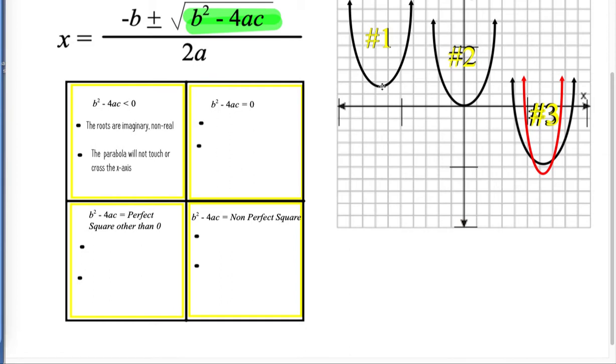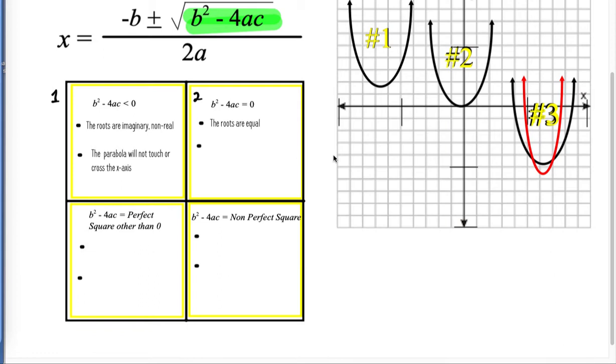Okay, next step. How about when b squared minus 4ac equals 0? Well, when it equals 0, that's case number 2 over here. So actually, why don't we do this? Let's call this number 1, and we'll call this number 2. So when b squared minus 4ac equals 0, the roots are equal. What do you mean the roots are equal?